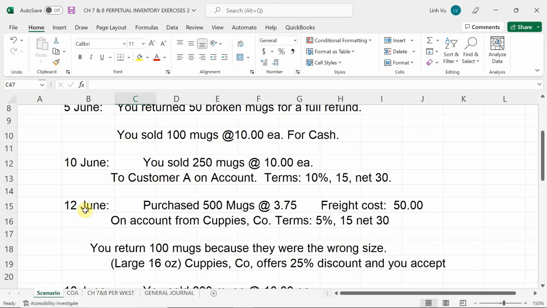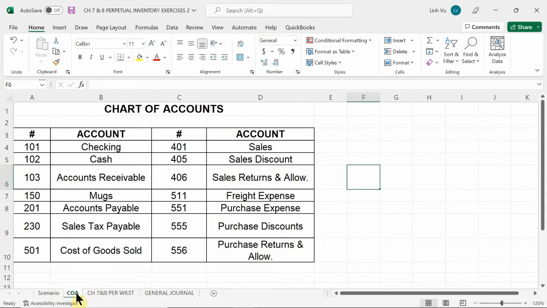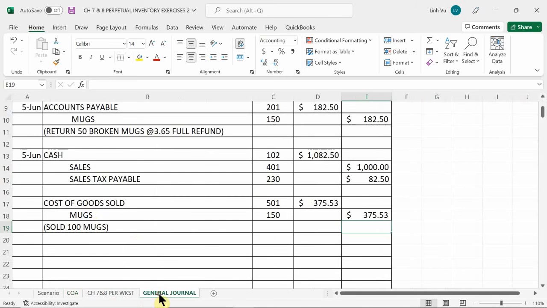So here, you sold 250 mugs, and then to customer A on an account, terms 10%, 15 net 30. So in this case, right, we sold on an account, so you need to recognize the sales first before you update the inventory. So here, since we sold it on an account receivable 103.